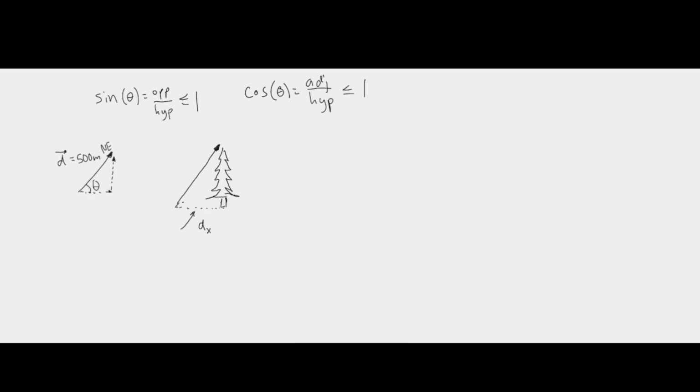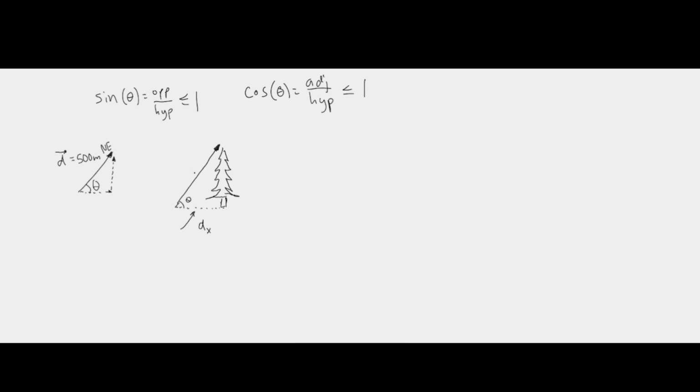There are also measuring tools that can tell you the angle. If you angle upwards and you sight in the top of this tree, you can actually measure the angle of the top of the tree with respect to the ground. So if you know those things, you might already be aware of the fact that if you have an angle and a side, then you can do some algebra to find the other values.